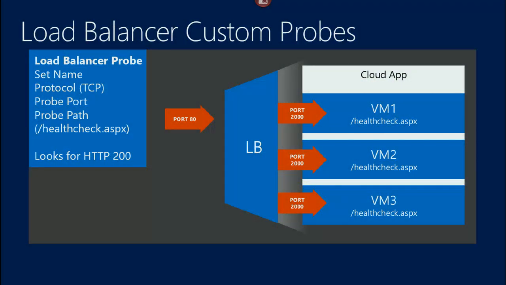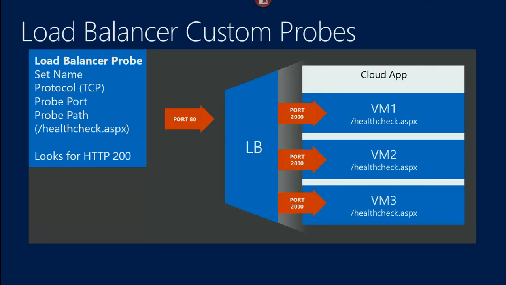Another feature we added is the ability to set custom load balancer probes. So by default, the load balancer is doing a get on the root, just on the port there, and just saying get. And if it gets back an OK, it assumes that the VM is healthy. If not, if it misses timeouts, by default it does probes every 15 seconds. If it misses 2, it'll take the VM out of rotation.